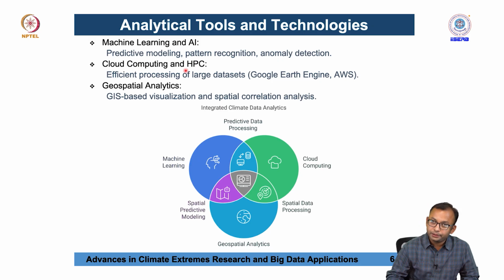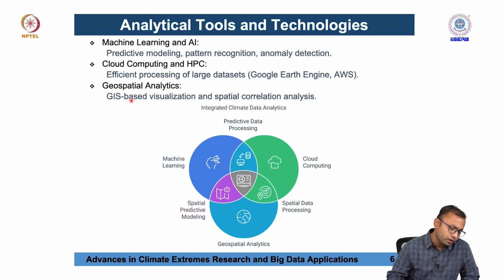Cloud computing and HPC: now we have started using large data sets because we have access to cloud computing and high performance computers. For example, Google Earth Engine, Amazon services like that, or geospatial analysis. There are lots of studies now focusing on global areas.